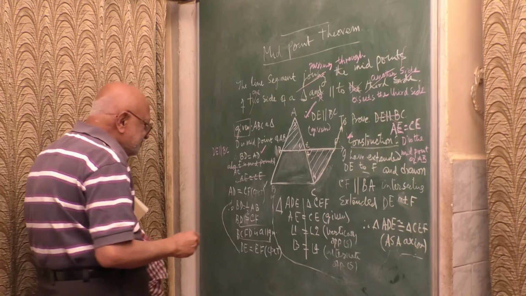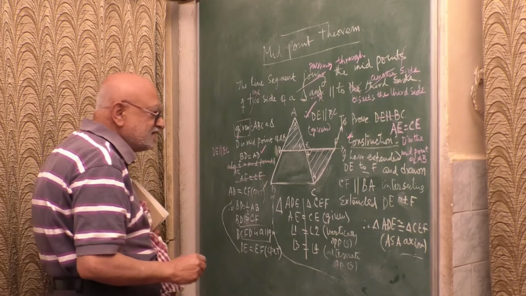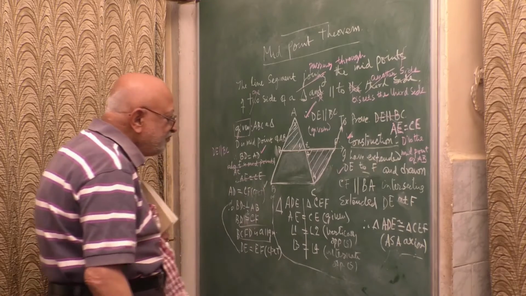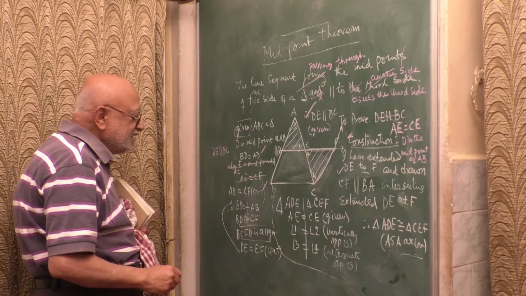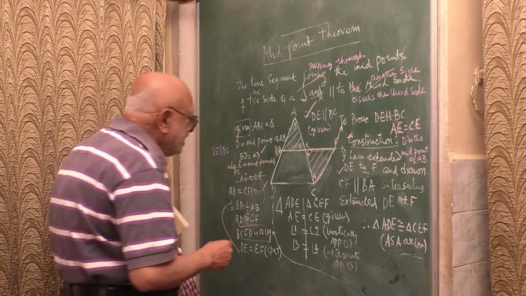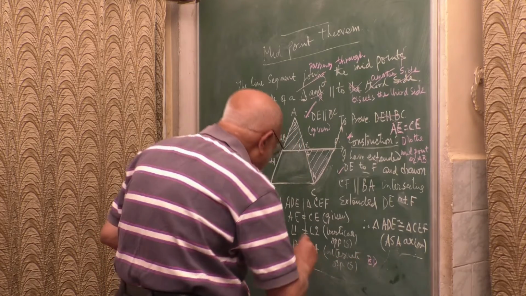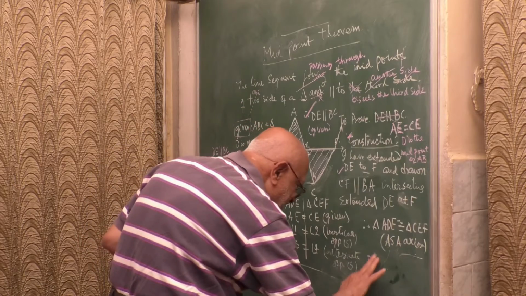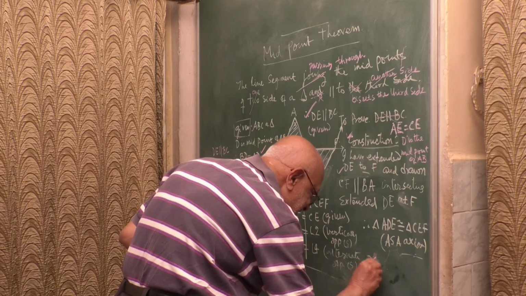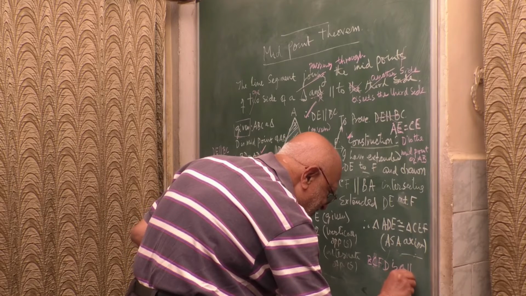I am using the same thing. So this you should understand. I will now prove that, what we can say here, BC, FD is a parallelogram.